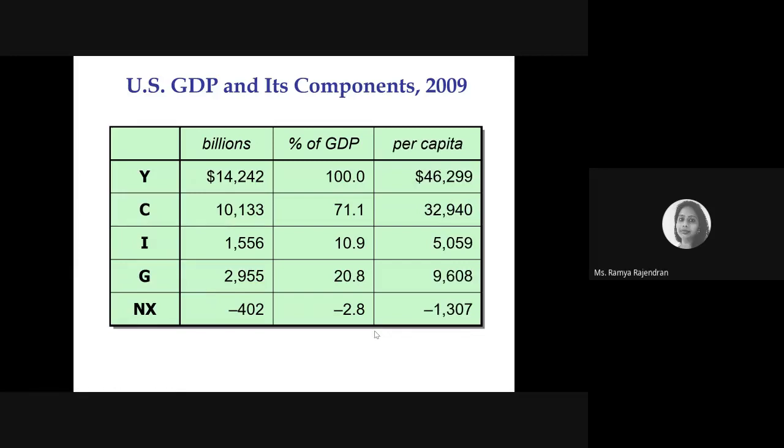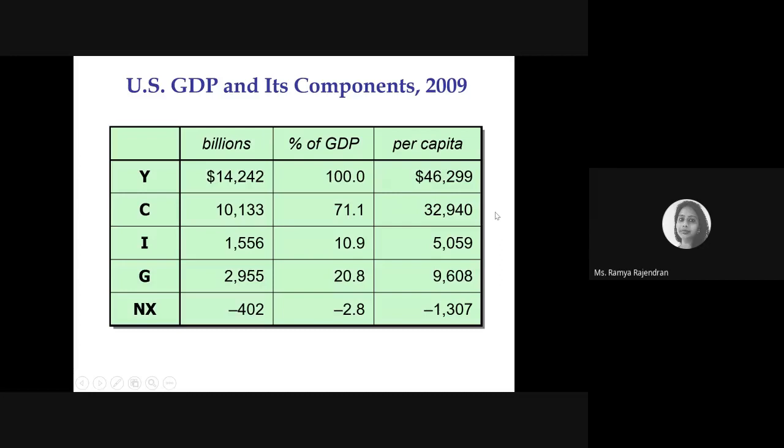When you calculate GDP per capita, you divide Y, in terms of money, by the total population of your country. The per capita income of US people was around $46,299, which is pretty high compared to most countries, and that was in 2009.